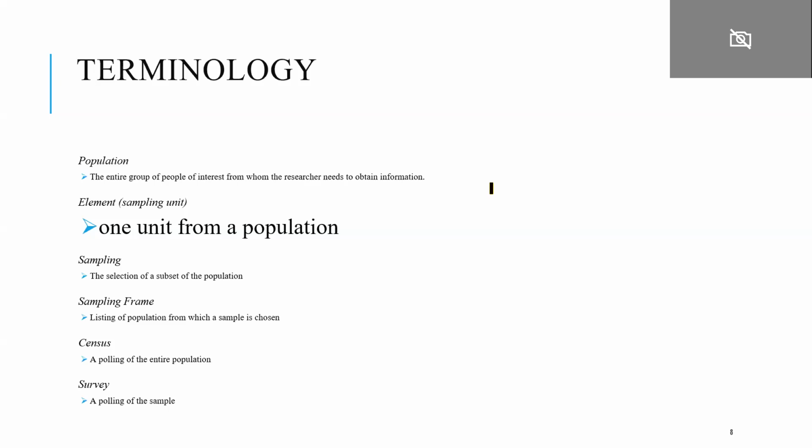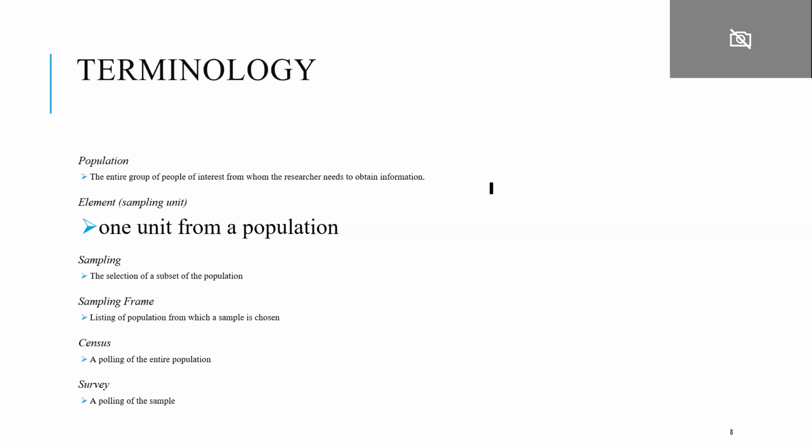Suppose in a classroom, if I say it's a population, then each student is considered as an element. Or in a university, if I say the different courses that are running, the students in each specialization are considered as the element or the sampling unit.